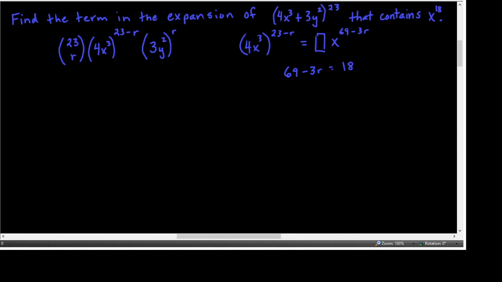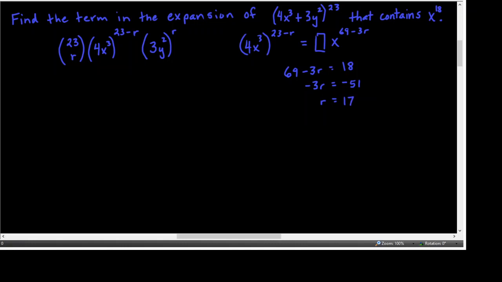So if we subtract 69 from both sides, you get negative 51. Almost said the wrong number. Then divide both sides by negative 3, and it should be 17.